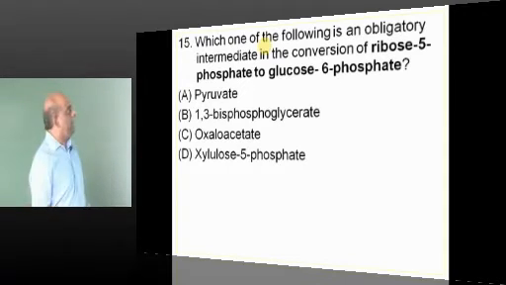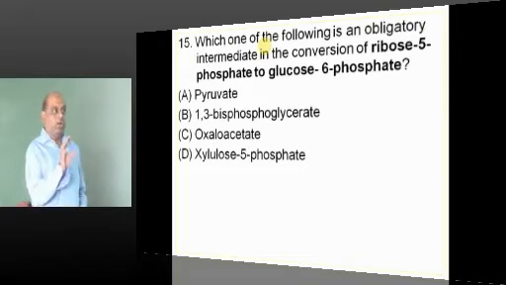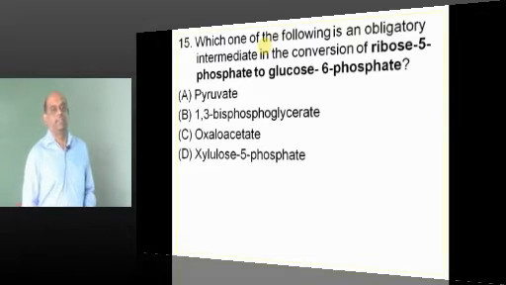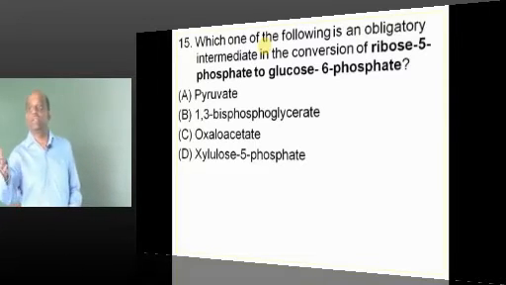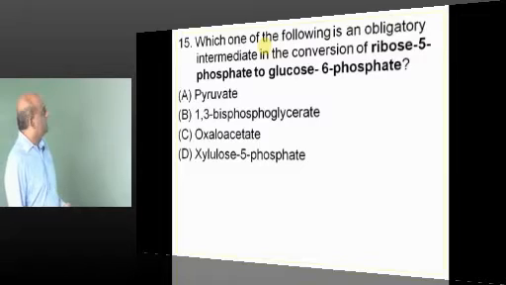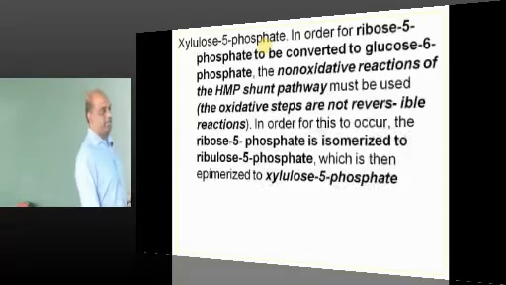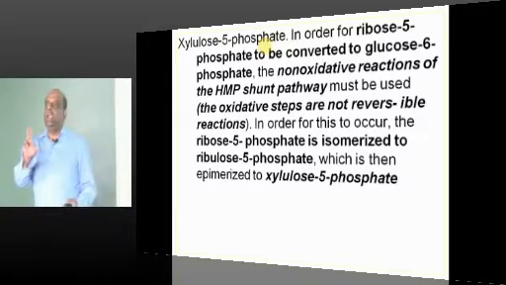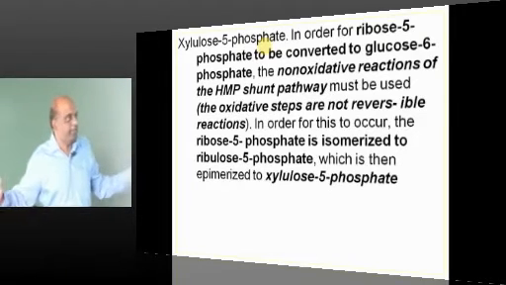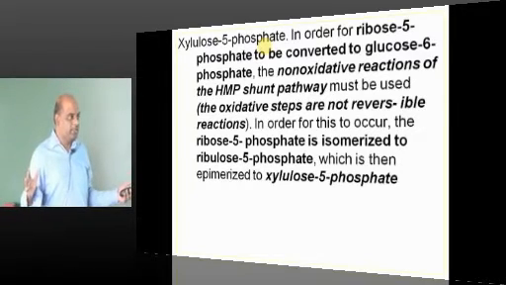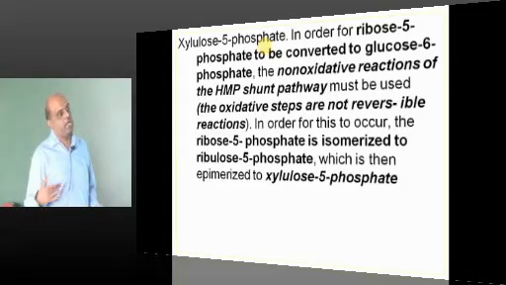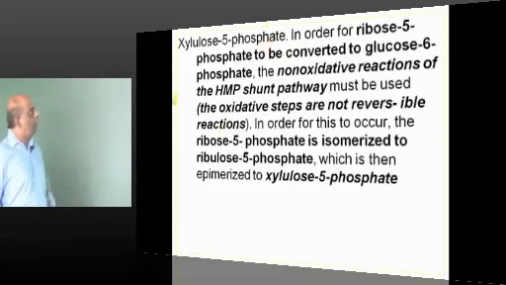Ribose 5-phosphate to glucose 6-phosphate. What is the obligatory intermediate in this conversion? Xylulose 5-phosphate is the popular answer, which is the correct answer. There are two wings in the pentose phosphate pathway. One wing is oxidative, the other is non-oxidative. Between the two, which is reversible and which is not, doctor?